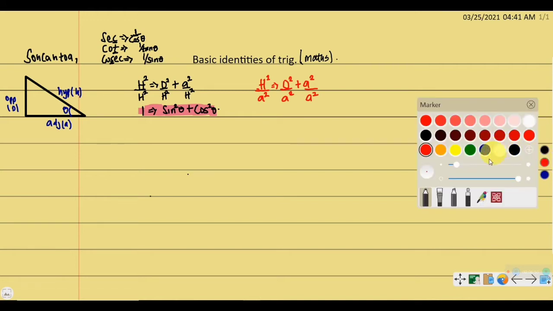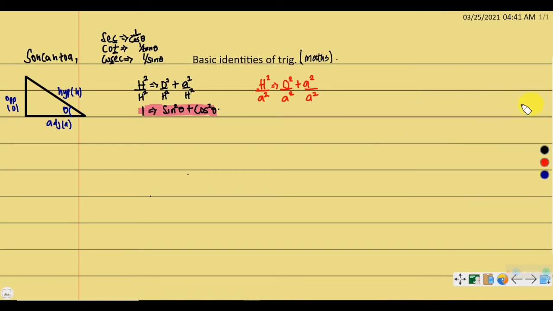So from here we are going to have hypotenuse divided by adjacent, which we just talked about. Students just need to be careful. We know this by this is 1. Look at this, opposite divided by adjacent.